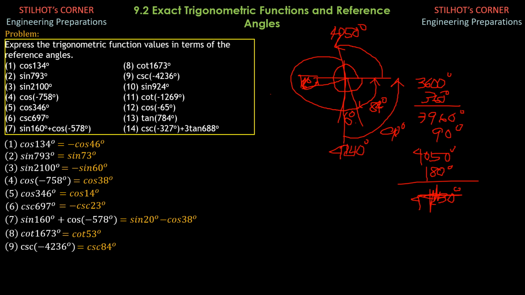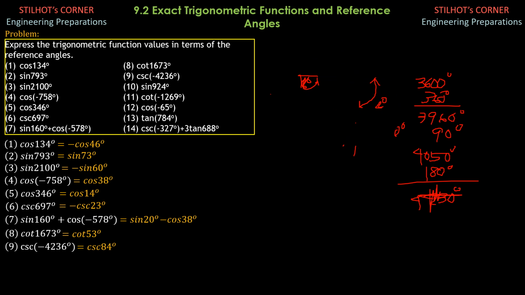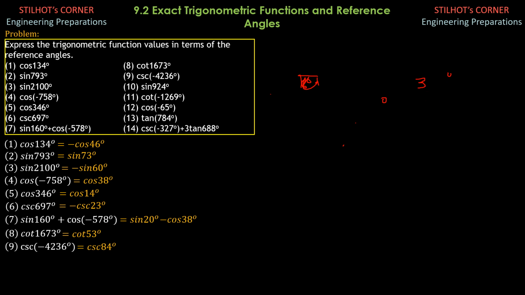Sorry. This is negative 4236, so it should be in clockwise direction. That's why I made a mistake. Just follow me, viewers. We sometimes commit mistakes. We are not perfect. So clockwise direction, it should be that.